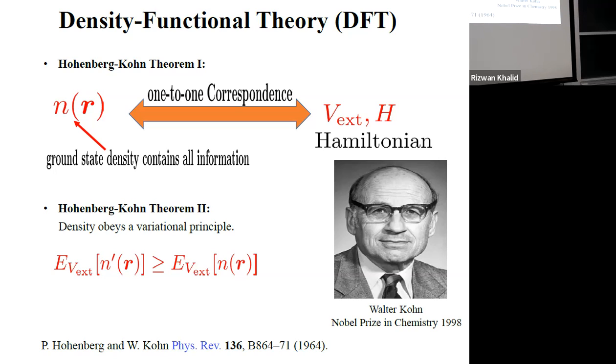So the second theorem actually tells you that you could determine the ground state energy and ground state density using the variational principle, like minimize the energy with respect to density. In simple words, just take the functional derivative of the energy with respect to density and put it equal to zero. So you will get the ground state energy and ground state density.